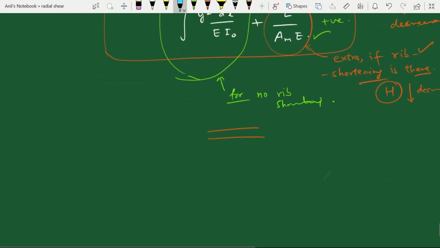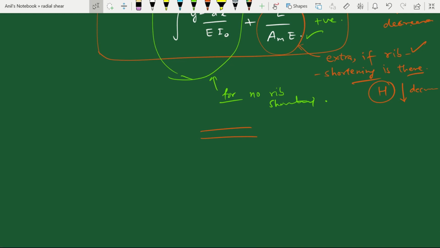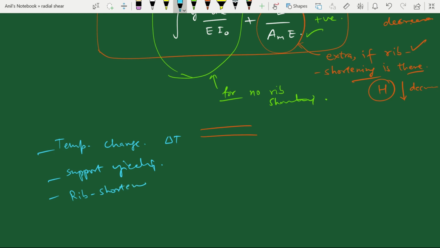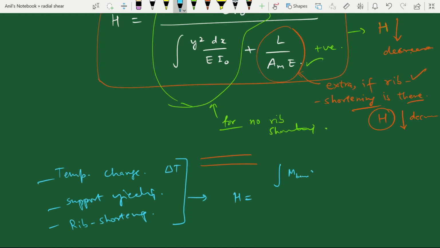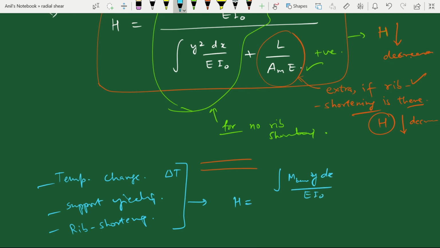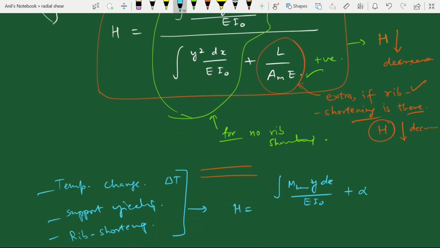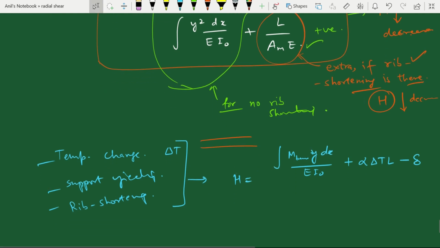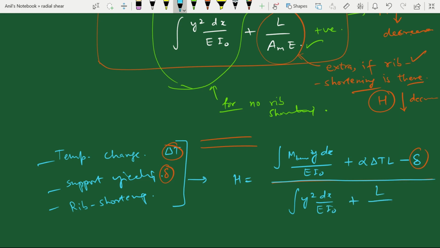Now finally, when we consider everything, meaning we consider temperature change delta T, support yielding, and also rib shortening, then H will have this formula: integration of M b y dx upon EI naught plus alpha delta T L minus delta, where this delta is support yielding and delta T is change in temperature, divided by integration of y square dx upon EI naught plus L upon AM.